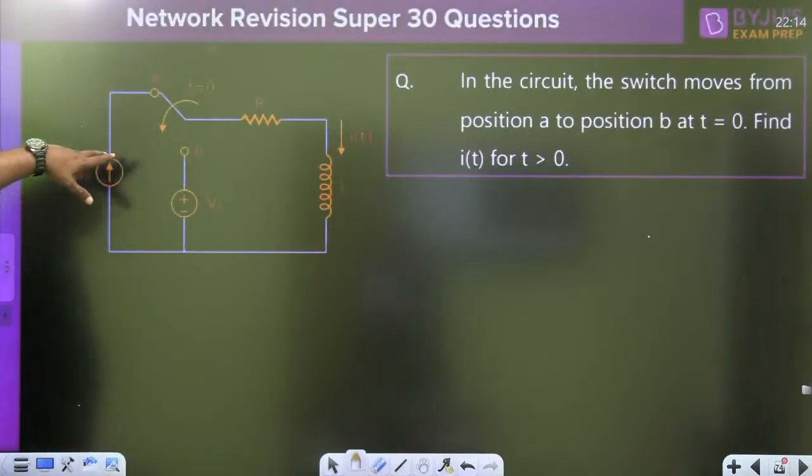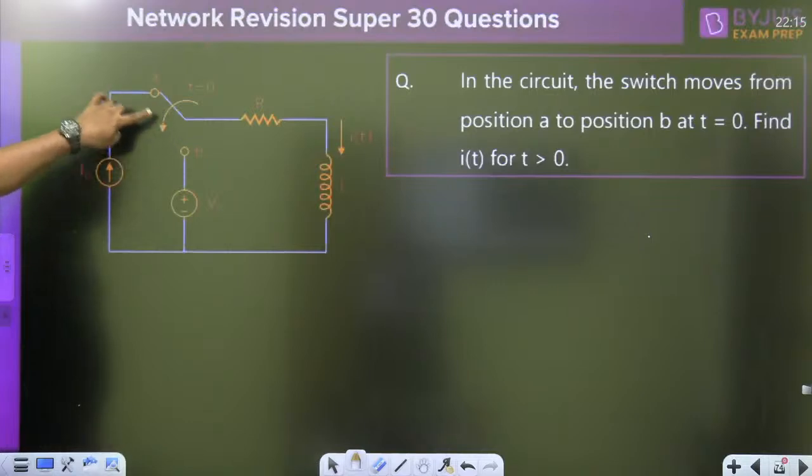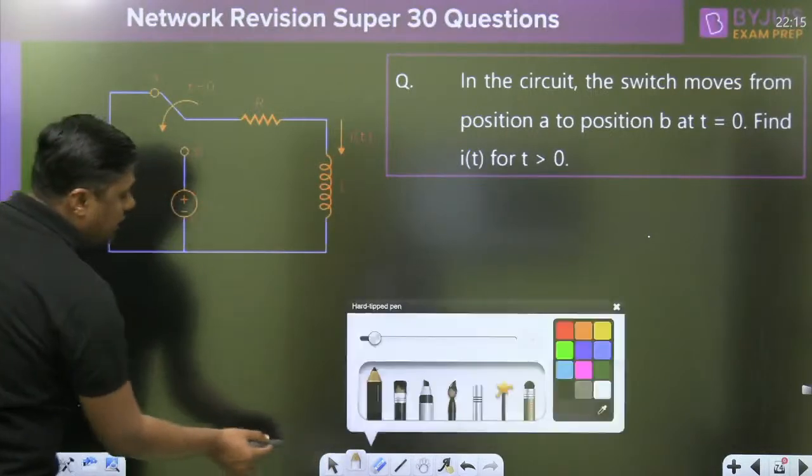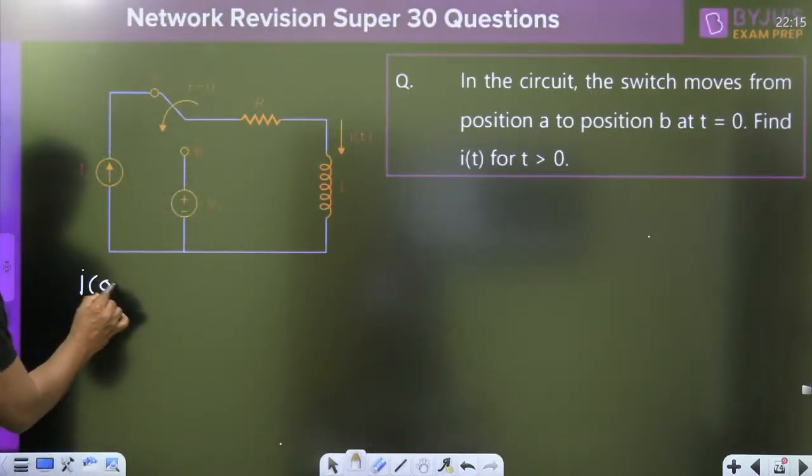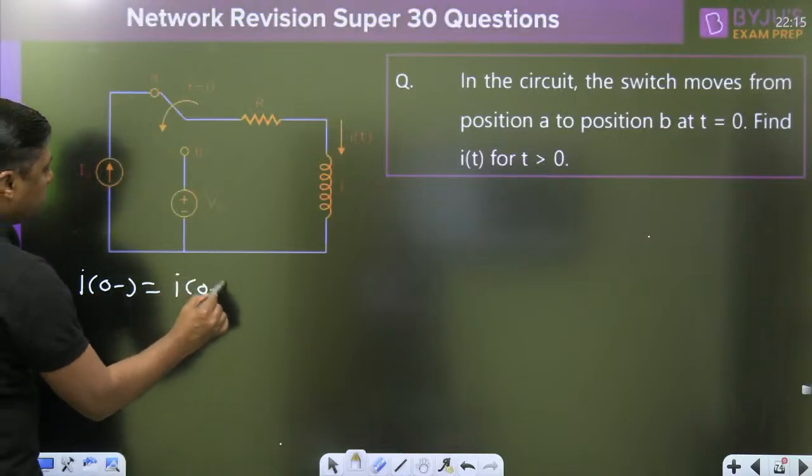This is again a very, very basic question. The switch moves from position A to position B at t equal to 0, find the I(t) for t greater than 0. So if it is initially connected here, the complete current will pass through the inductor. So what is I0 negative is equal to I0 positive is equal to what?